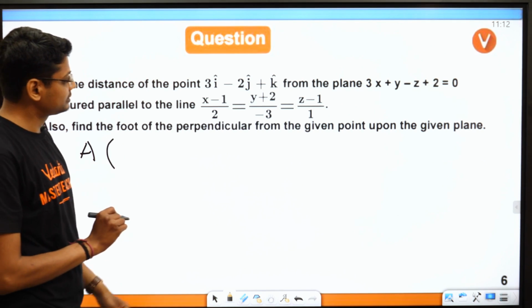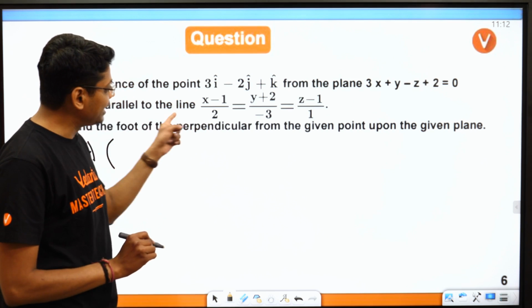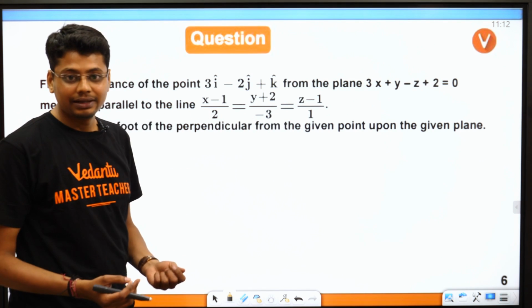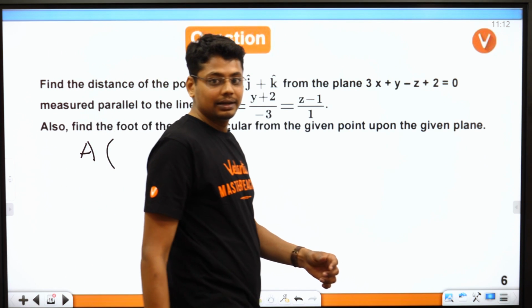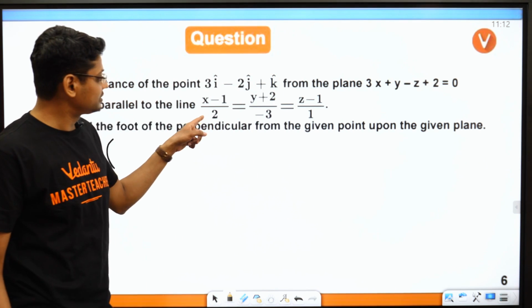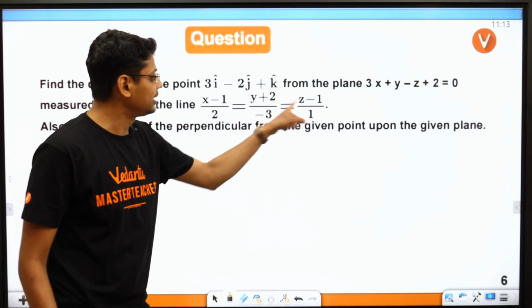Then since we are moving parallel to this line, say we moved lambda times this vector which is parallel to this given line.